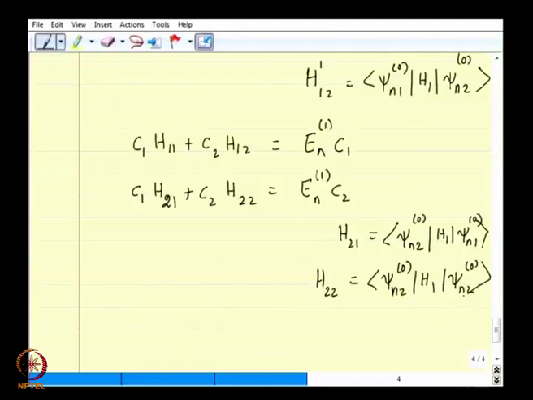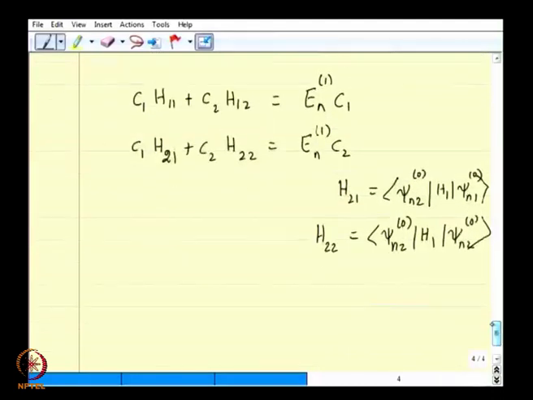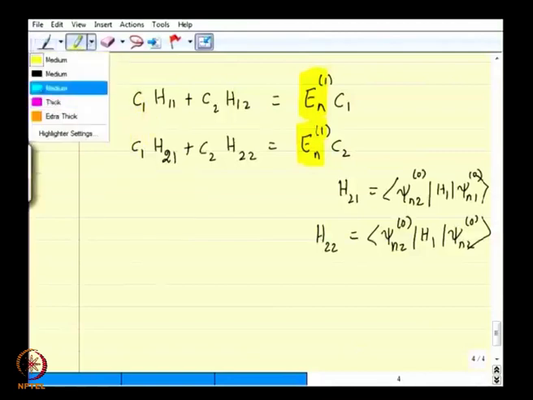So we have a pair of equations that we need to solve in order to obtain the first order correction En1, and this looks very familiar to you now because these C1, C2 are arbitrary linear combination coefficients.